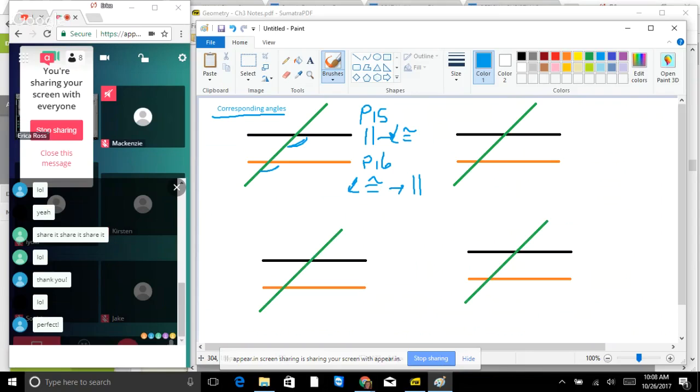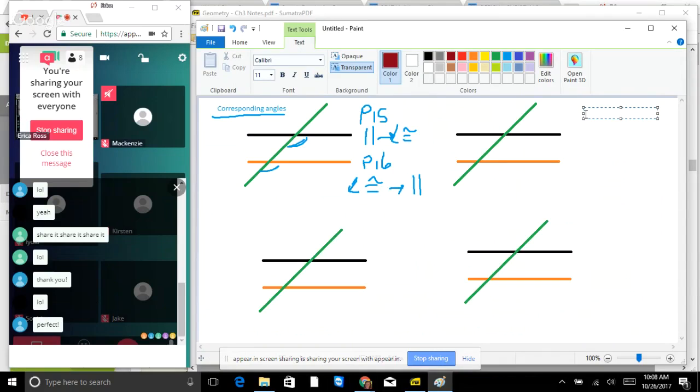So this is basically taking you through 3.2 and 3.3, a review all in one. And it's actually a little bit of 3.1 because in 3.1 we define what is a corresponding angle and all that kind of thing.